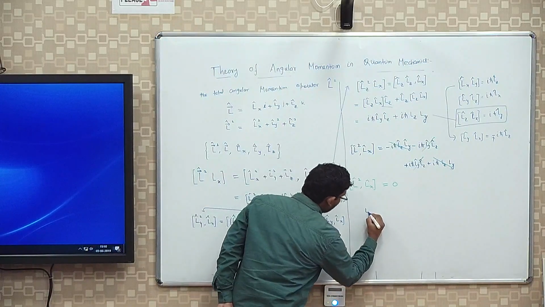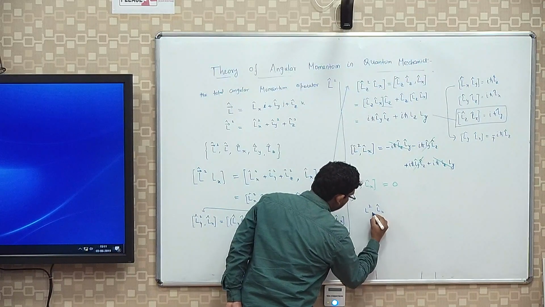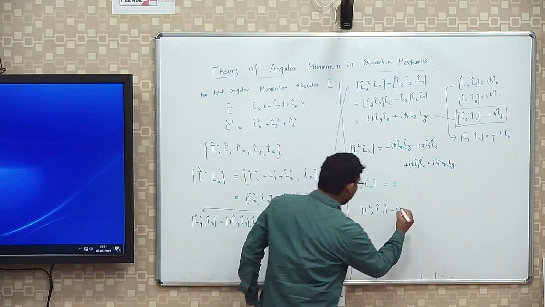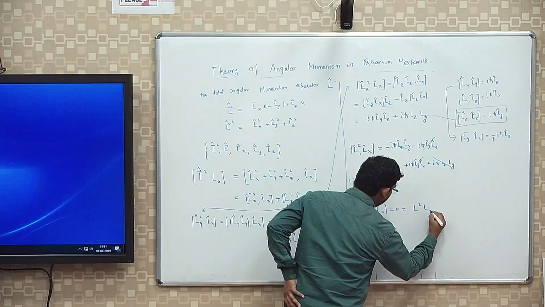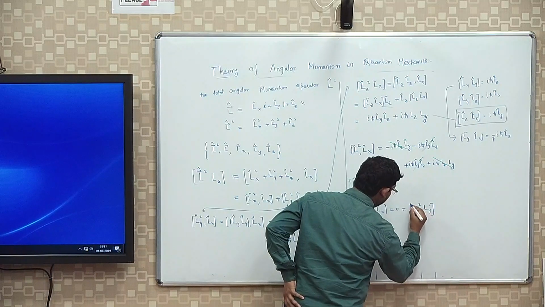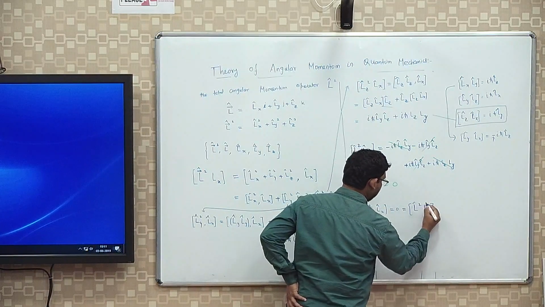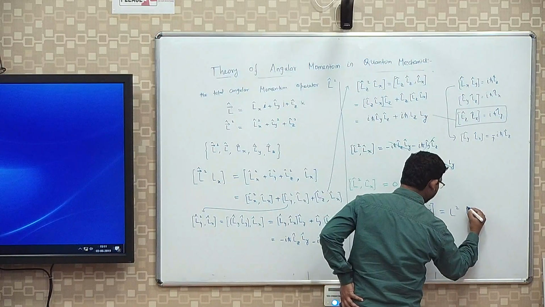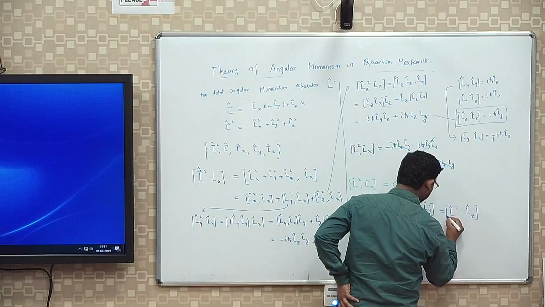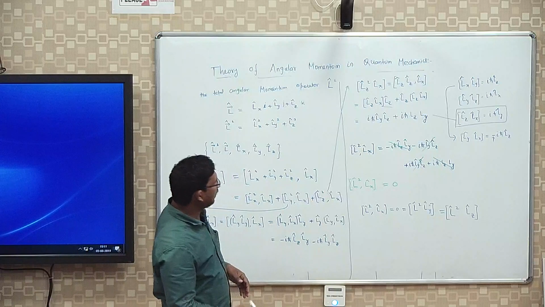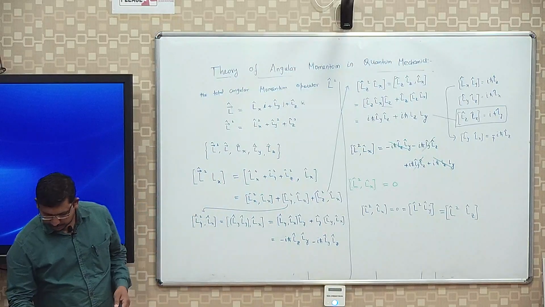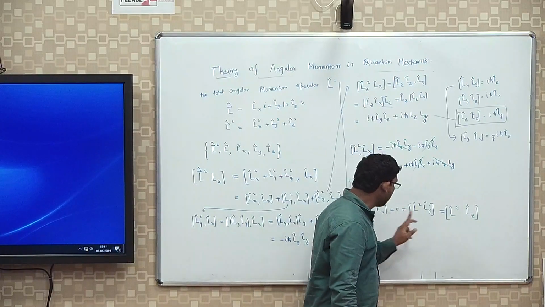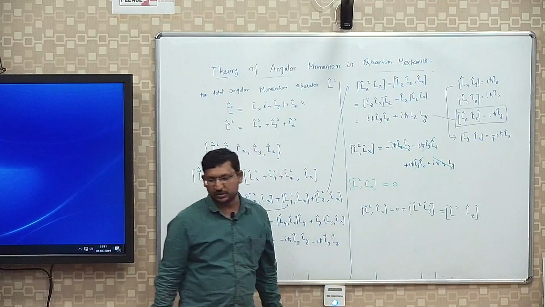Example, the commutator of L² and Lx is 0, so can be measured, equal to L² and Ly, also equal to L² and Lz.